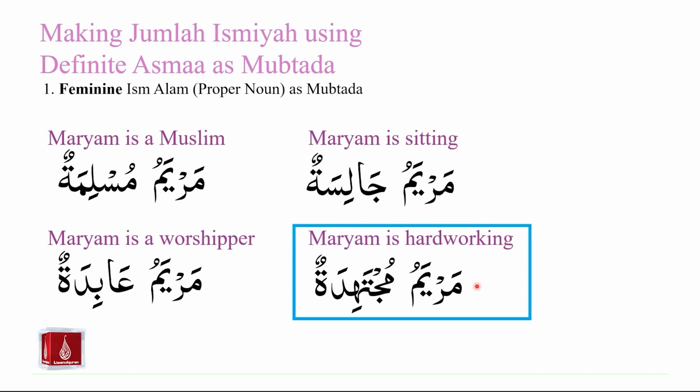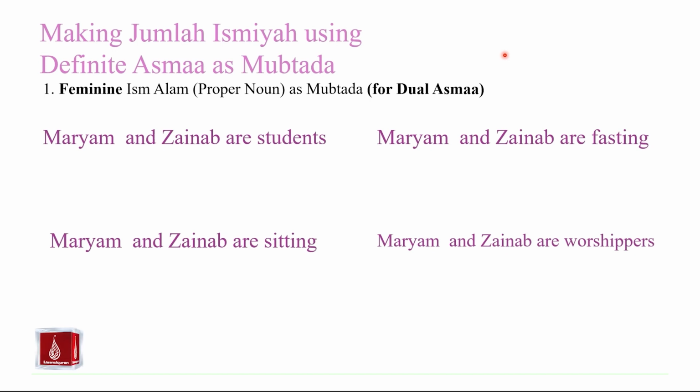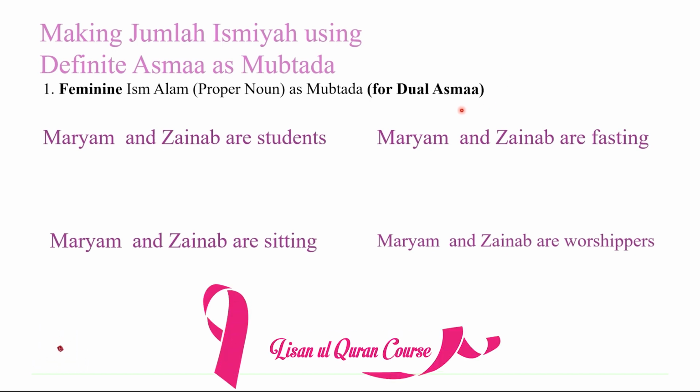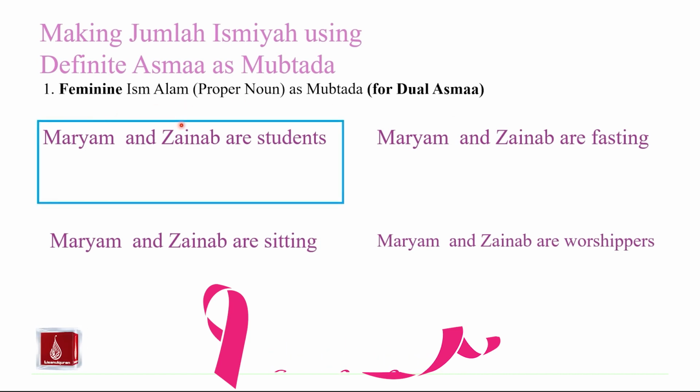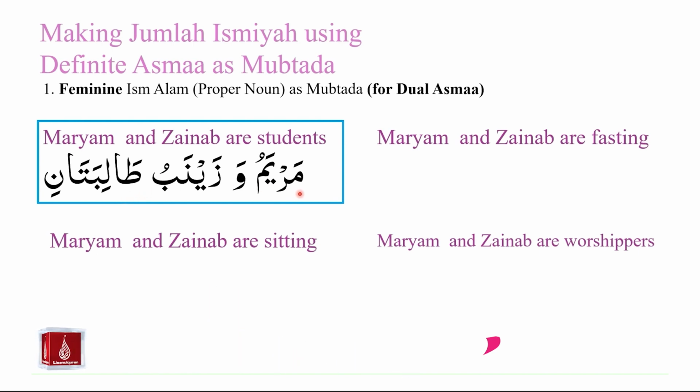Maryam is hardworking. Maryamu mujtahidatun. Now we will look at jumla ismia with dual feminine asma as mubtada. For example, Maryam and Zainab are students. Maryamu wa Zainabu talibatani. Maryamu is in Rafa status.